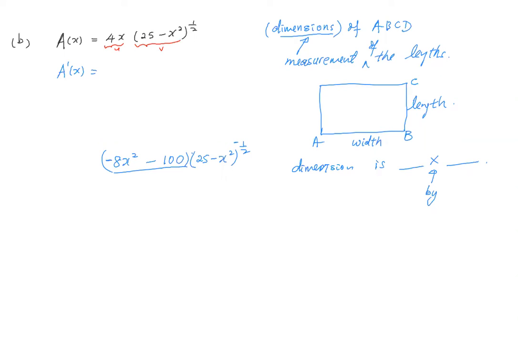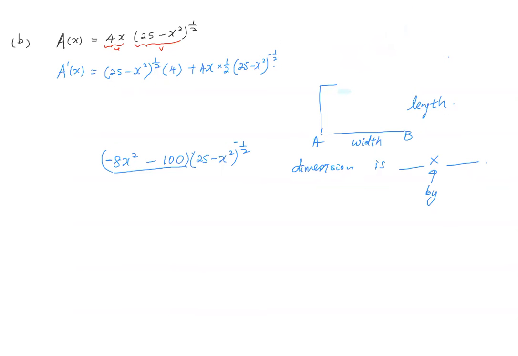Okay, so now, first of all, V U prime plus U V prime, half 25 minus x squared to the power of negative half, then times by negative 2x, right? So we cancel off this one.